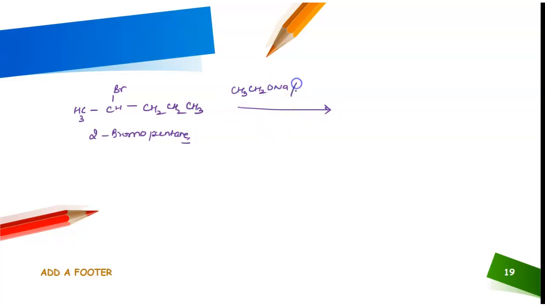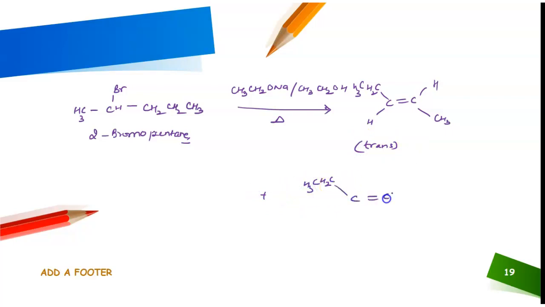CH3CH2ONa or alcohol CH3CH2OH upon heating will give you trans as well as cis isomer. CH2CH3, H, H, CH3. This is your trans isomer. And another one is your CH2CH3, CH3, this one is your cis isomer.